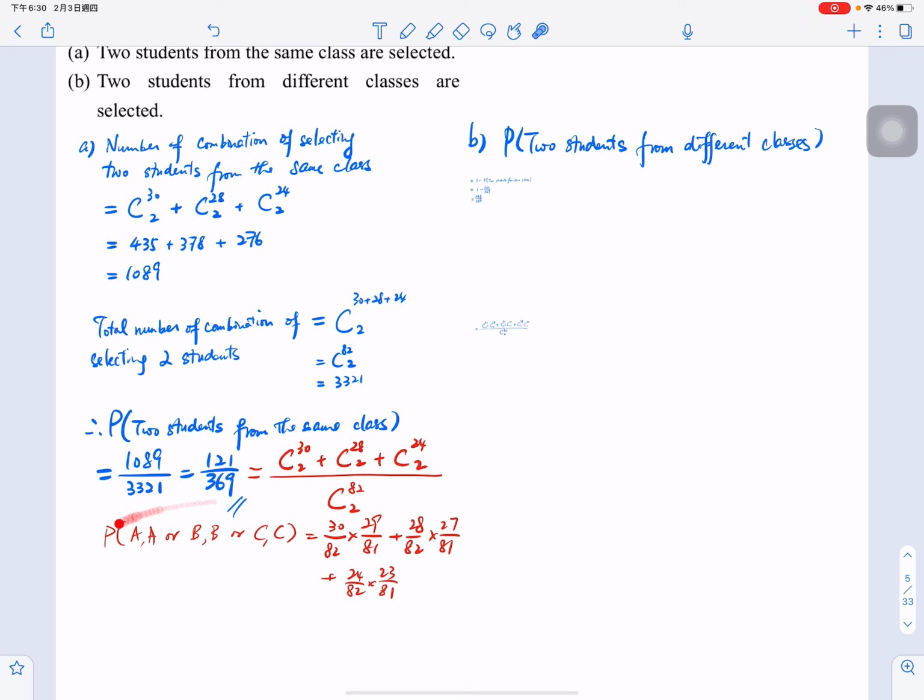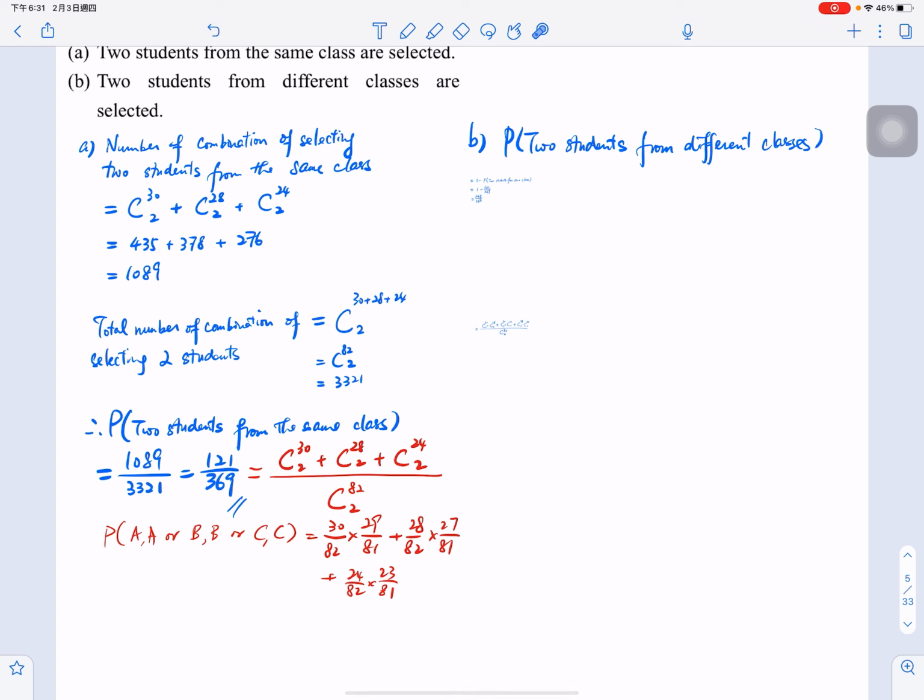Maybe you think, can I use fractions to find this one a little more easily? So you can think, 82 in total, from class A, 30. After choosing 1 from A, then 81 left, still from class A, so 29. Plus class B, the first one 28, the second one 27.